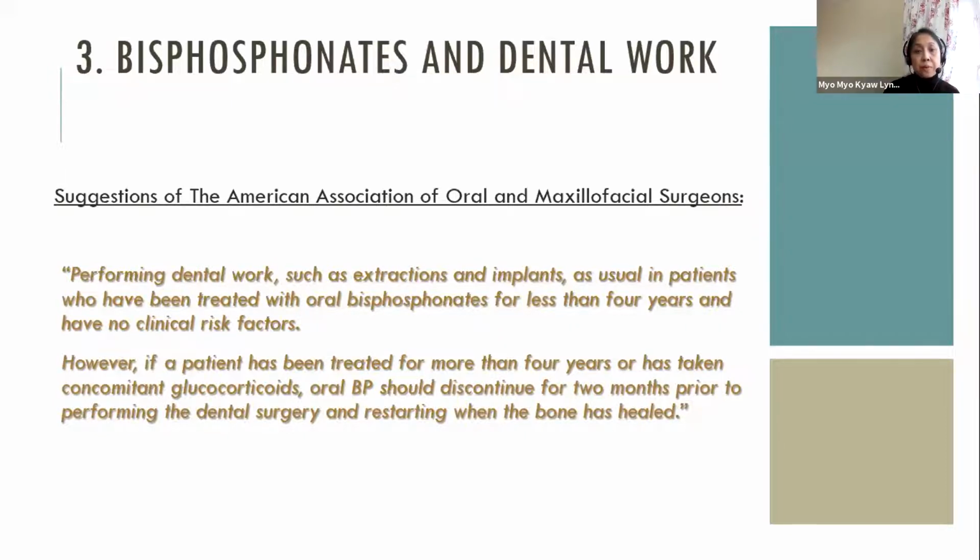I have only seen one ONJ so far since I became a consultant. She knew there was a risk of ONJ by starting the dental treatment, and she went for dental treatment and she got it. There is nothing we can do to prevent it, unfortunately. So I had to stop the bisphosphonate treatment, and I can't restart any of the treatment.